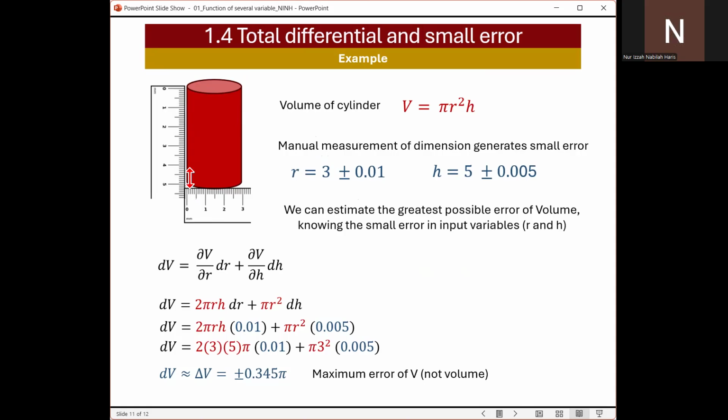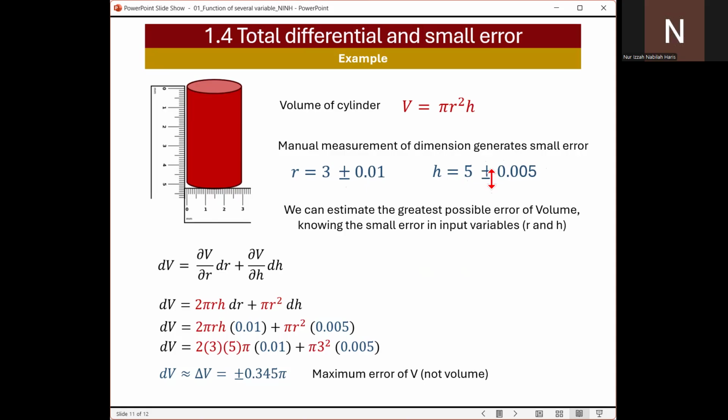So for example, if you want to find the radius, the range that you get is 3 plus minus 0.01. 0.01 here is our dr, which is our error for input variable r, and then our h is 5 plus minus 0.05. h is our measurement, and this plus minus is our error.